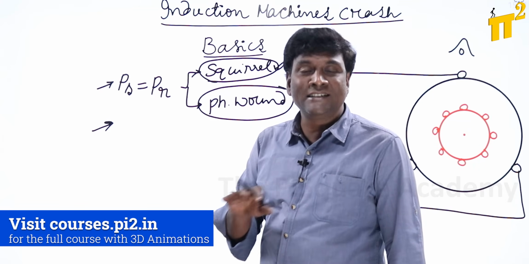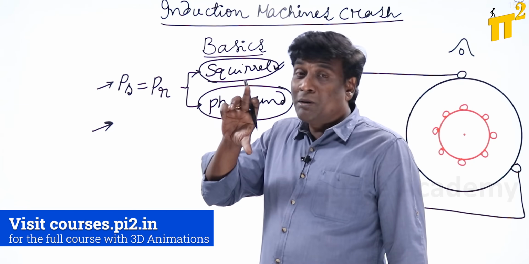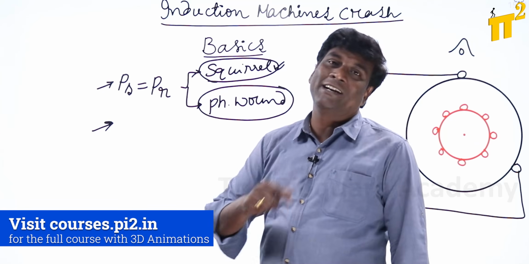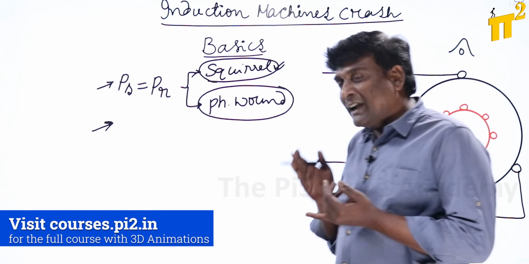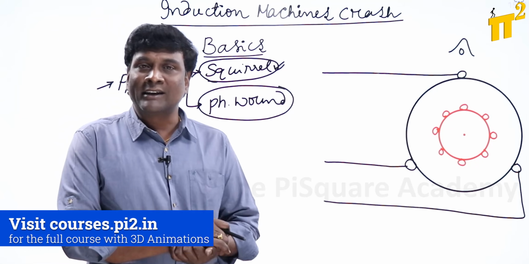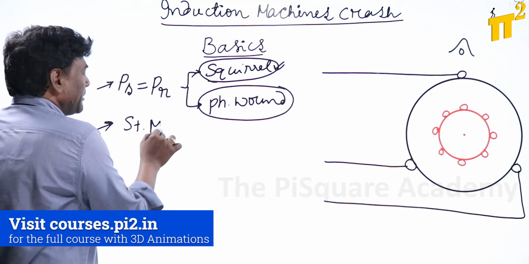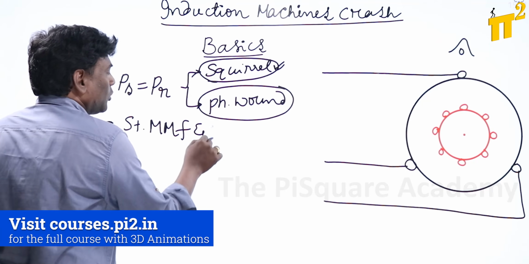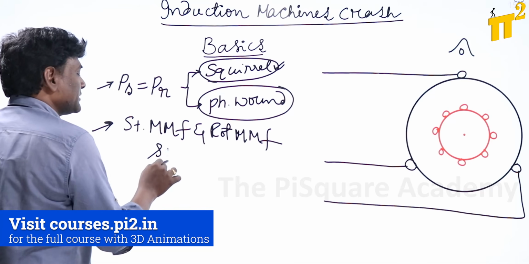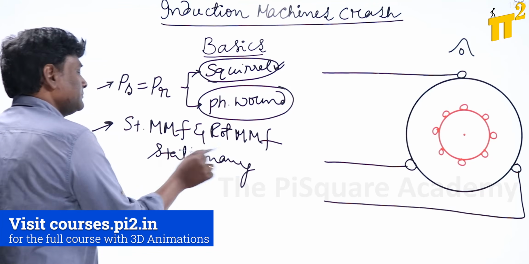For example, in induction machine, if the stator MMF is rotating at synchronous speed, the rotor MMF also should rotate at synchronous speed; then only will the stator MMF and rotor MMF be stationary to each other, such that continuous electromagnetic torque will be produced. So the second condition is that the stator MMF and rotor MMF should be stationary with respect to each other. That's it.